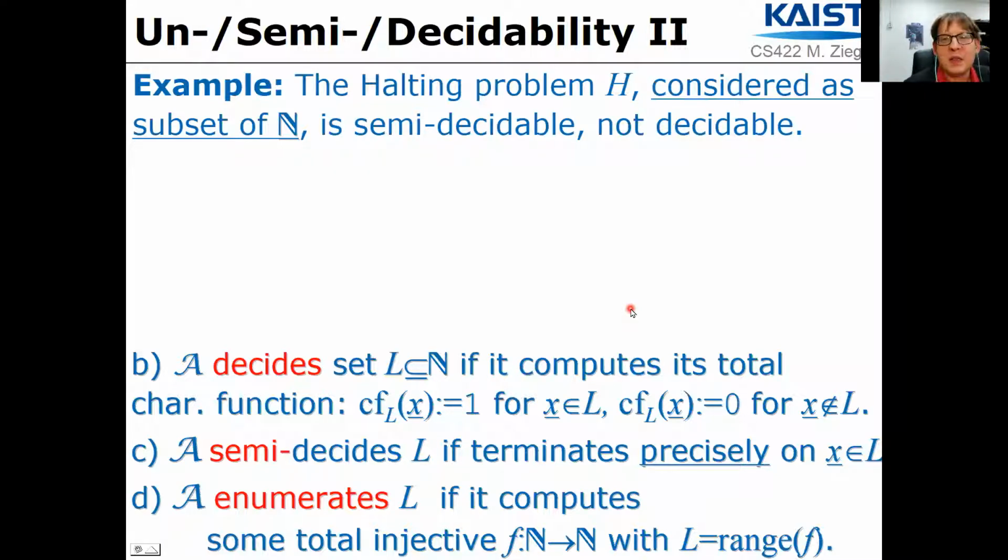We recall that we have a pair, an algorithm and an input to the algorithm, and the question is whether the algorithm on that input terminates or not.